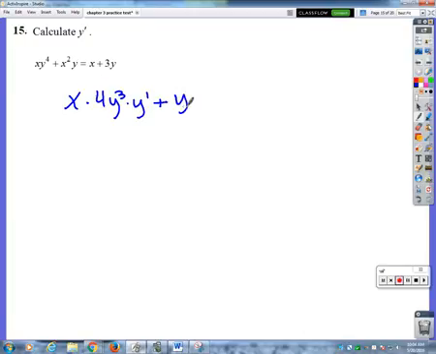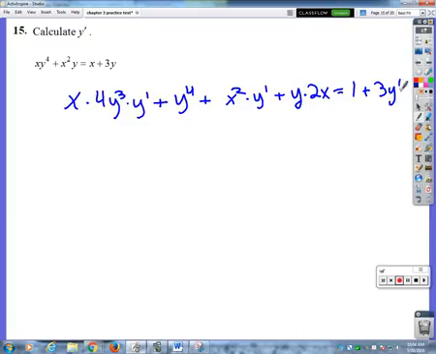Plus the second one times the derivative of the first, which is just 1. So that's the derivative of that first term. Plus the derivative of x squared y is the first one times the derivative of the second one, plus the second one times the derivative of the first, equals the derivative of x is 1, and the derivative of 3y is 3y prime.